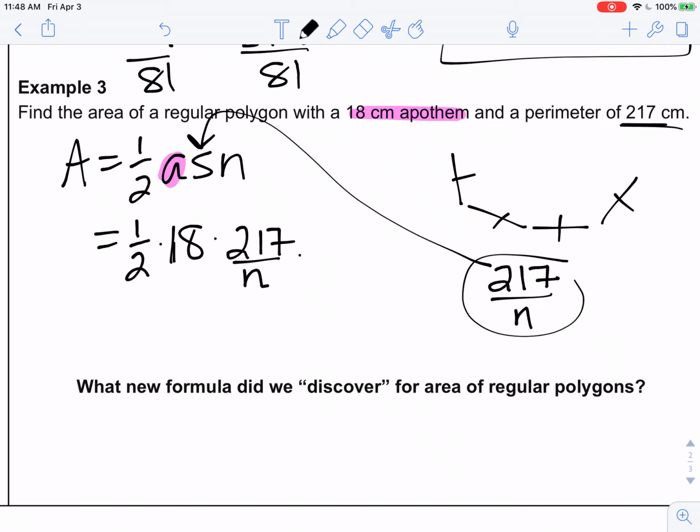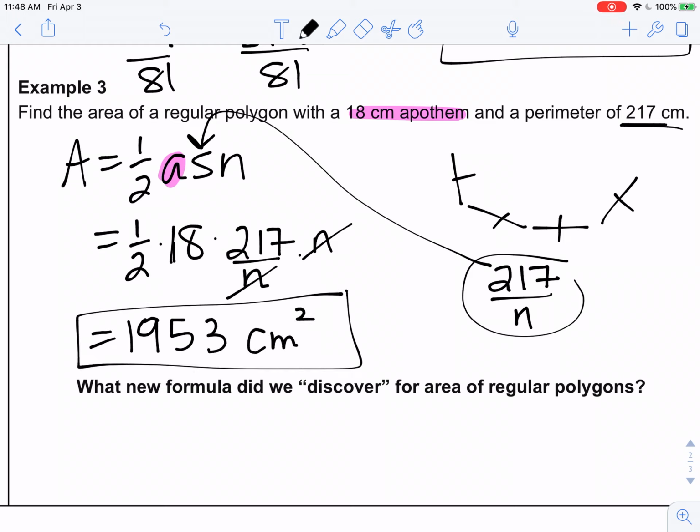And then in my formula, I'm still multiplying by n. Divided by n times n, that's going to simplify to 1. So now my problem is just 1/2 times 18 times 217, which gives me exactly 1,953, and I'm dealing with square centimeters.